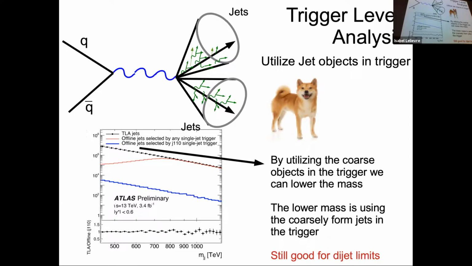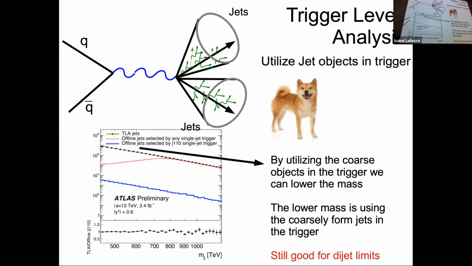In our system, we don't get to save the full information of these events to disk. We do run the full reconstruction with coarse granularity, and we can save the reconstructed objects. So we save the coarsely reconstructed jets, and then we take a mass offline.